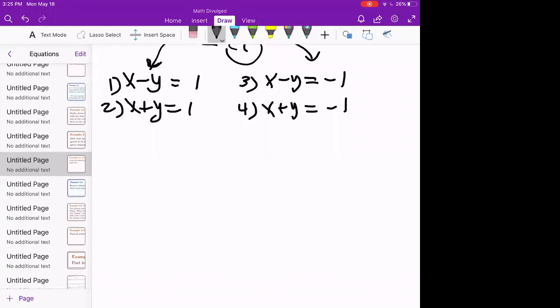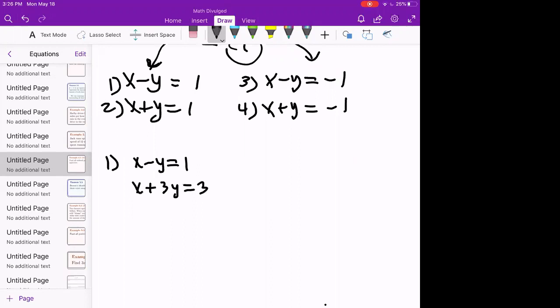Let's take equation 1. Equation 1 is x minus y is equal to 1. And then we also have x plus 3y is equal to, what was it? It was 3. In order to solve this, we'll just subtract the first equation from the second.